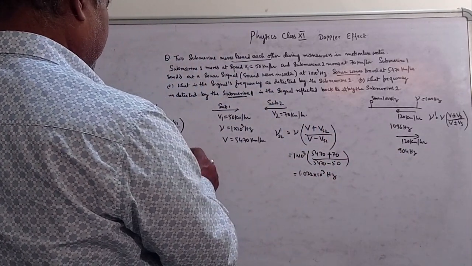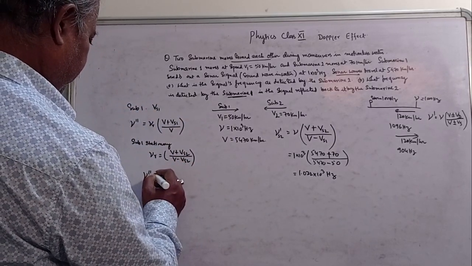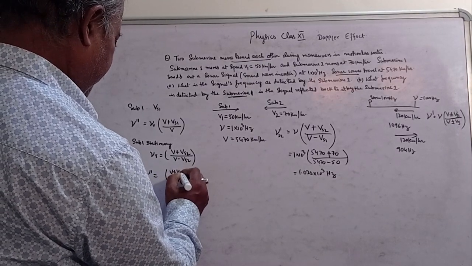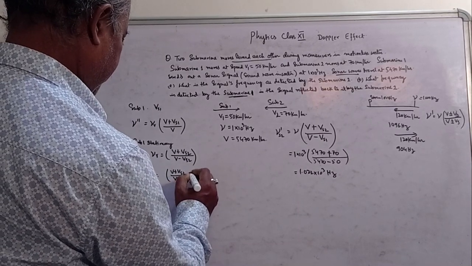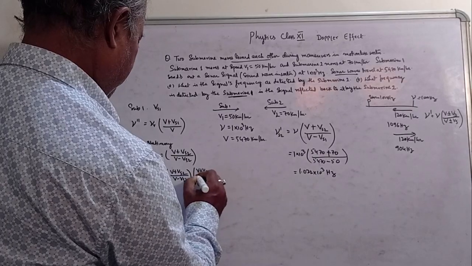So here vs2 and vs2, and if you place them, you will get v plus vs2 by v minus vs2 into v plus vs1 by v.